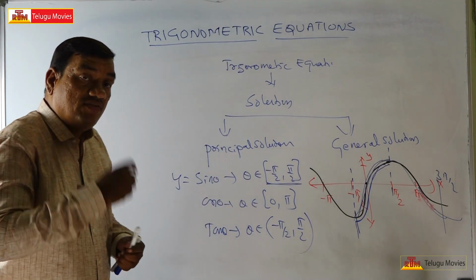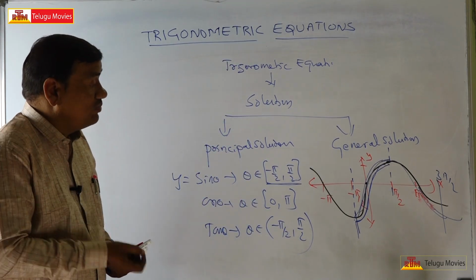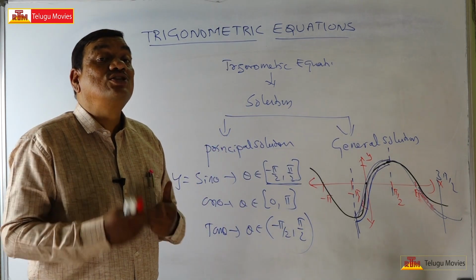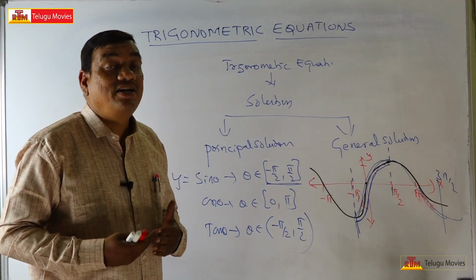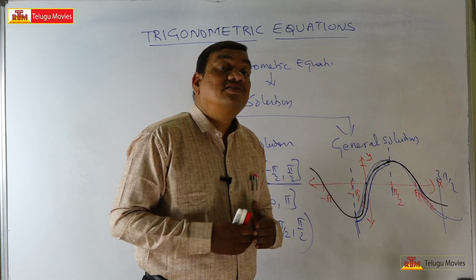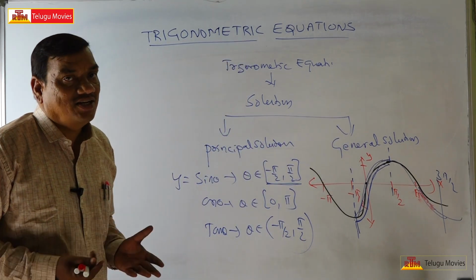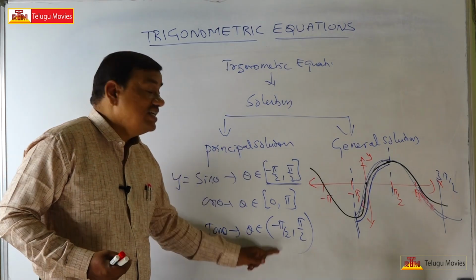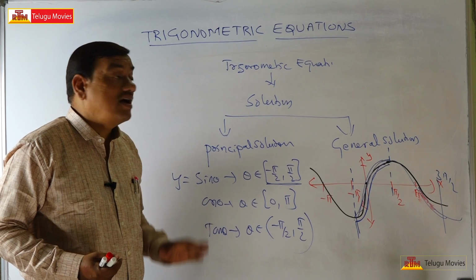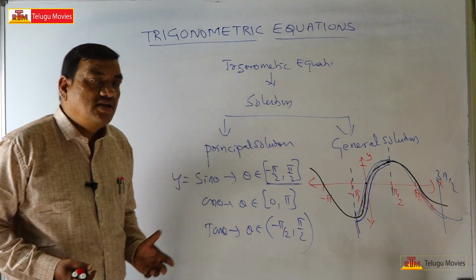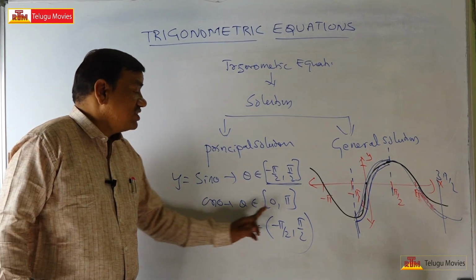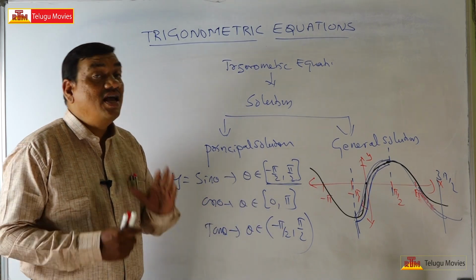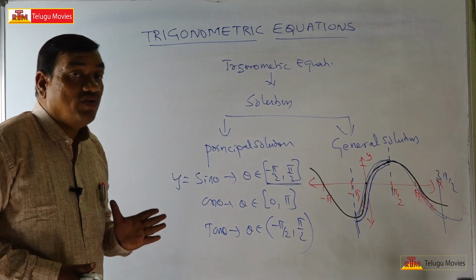From the solution which belongs to this interval, we generate the remaining solutions. They are called general solutions. The first solution which comes from these intervals is called the principal solution. The cos theta graph is also a bijection from 0 to pi, both 1-1 and onto.